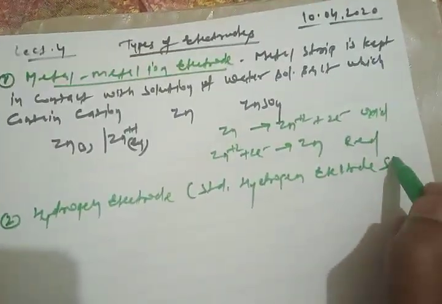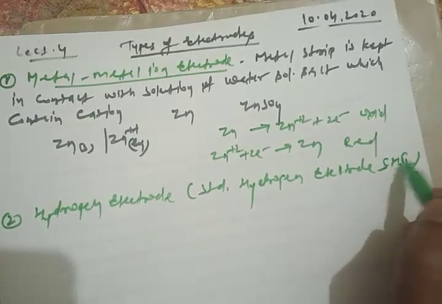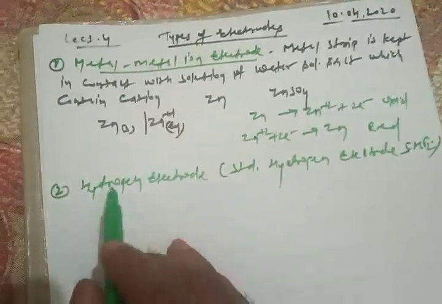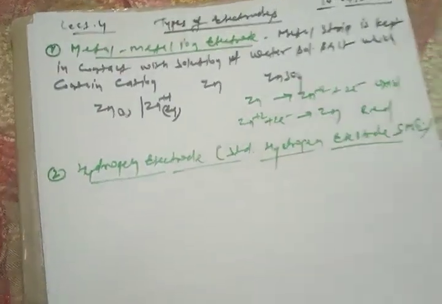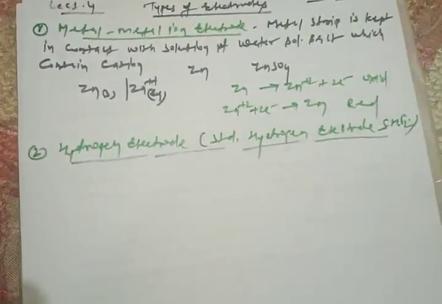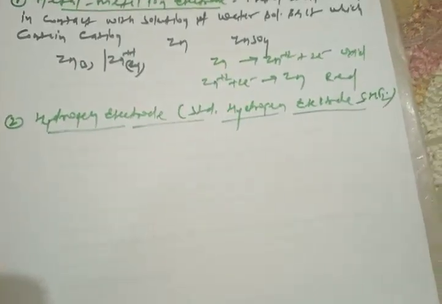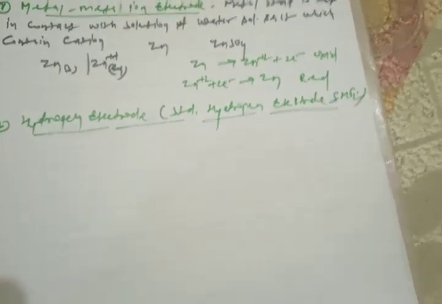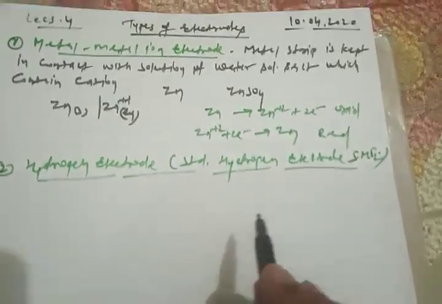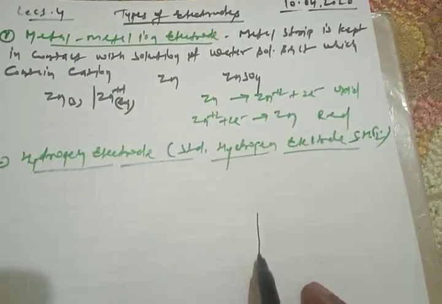The very common name is SHE. So the standard hydrogen electrode is a standard electrode for many metal ion electrodes. What is the setup for this electrode? So let's discuss the setup first.